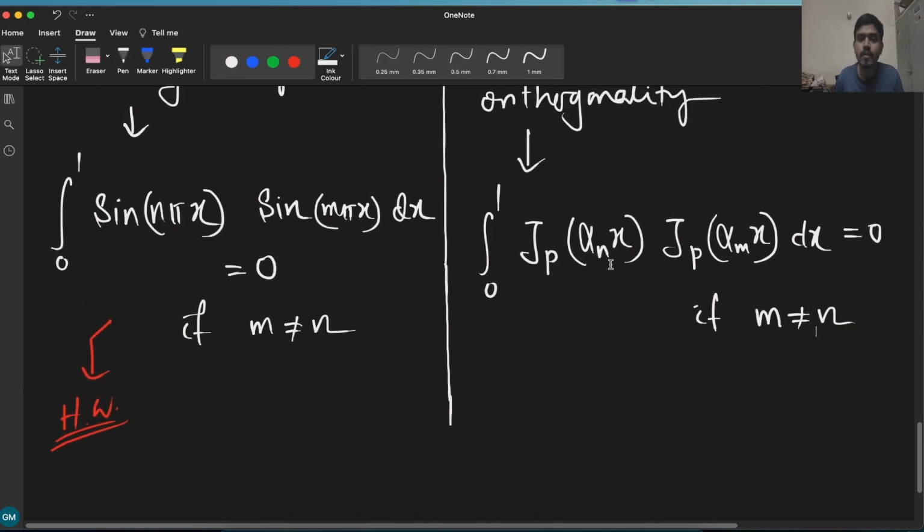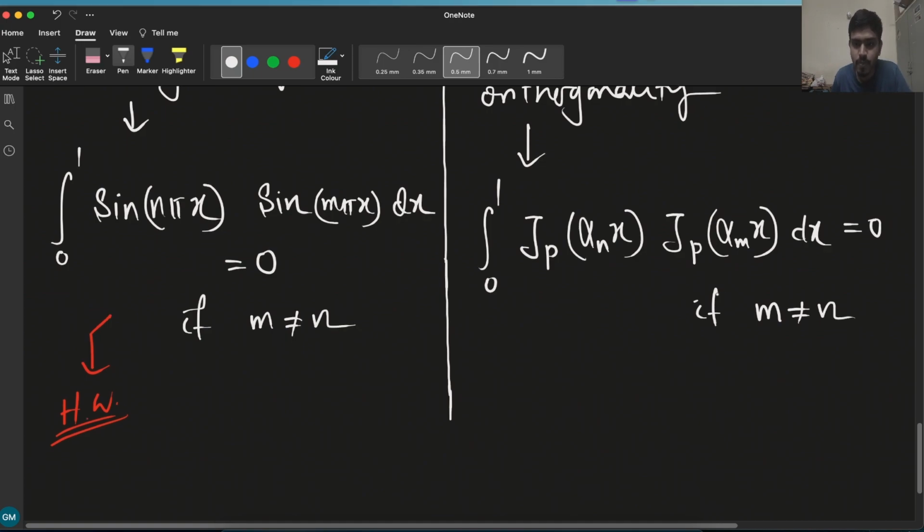So if I take the same J_p(x), I am not changing the p; what I am looking at is different zeros. So this alpha n and alpha m are different zeros of these Bessel functions.